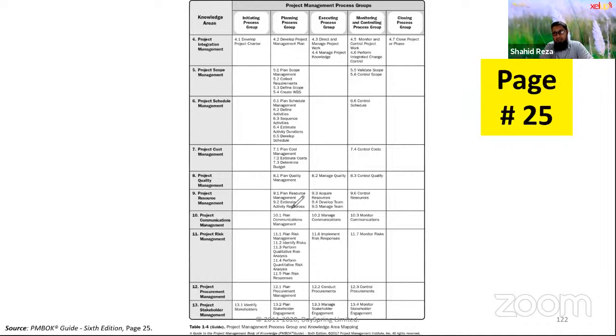Depending on your project, you may repeatedly use a process different times. For example, you have three lots of procurements. One is you are procuring some material, procuring some resource, people, and maybe you are procuring some work. So each time these three processes will repeat. Iteration will happen.